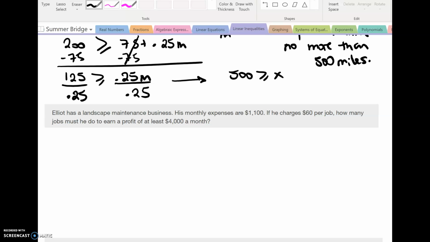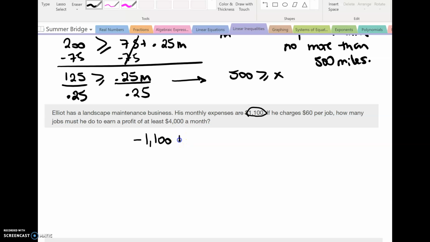If he charges $60 per job, how many jobs must he do in order to earn a profit of $4,000? So we have a lot going on here. So he has a monthly expense of $1,100. Okay, so he already is in the hole $1,100. So he's starting out, that's what we call a deficit, at a deficit of $1,100.